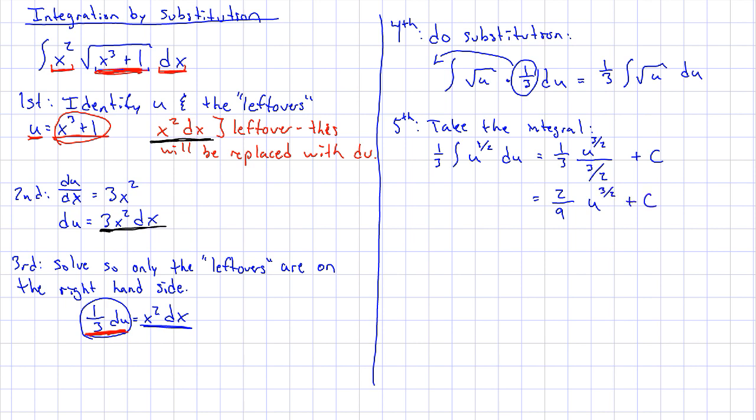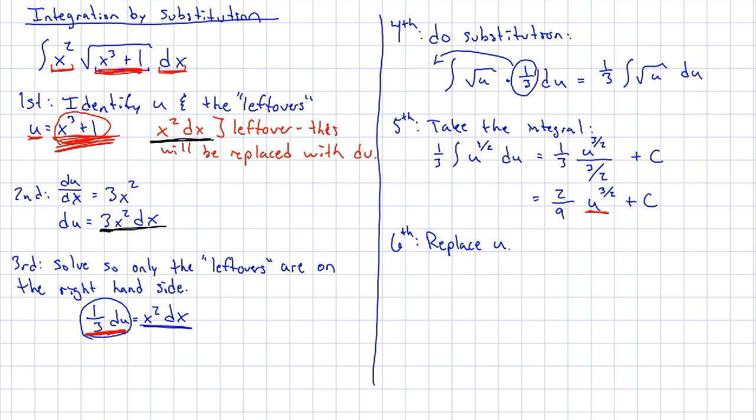plus c. Now, the last thing I need to do is to replace u. I was given a problem that had x as the variable. I need to give an answer that also has x as the variable. So I will go back to my u substitution, x cubed plus 1, and I will replace it into that u.